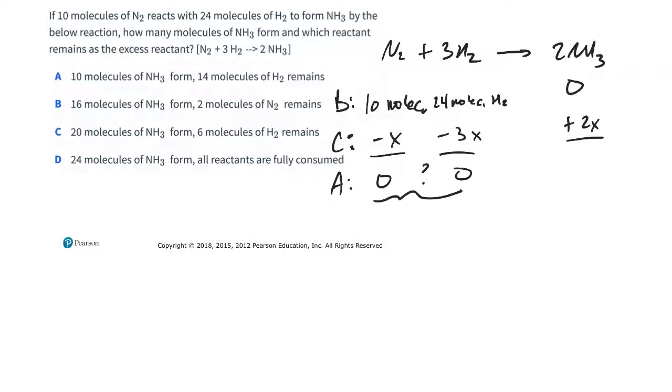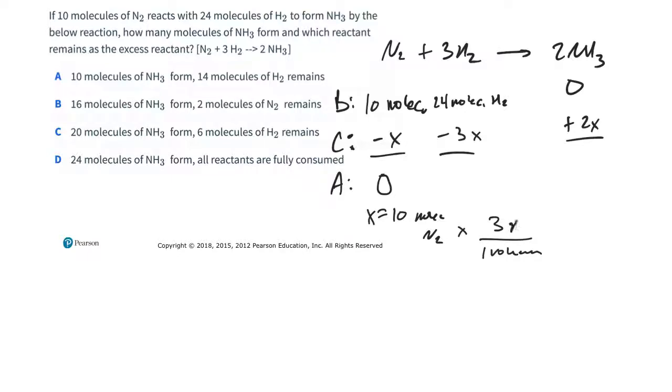What you might do is randomly choose one. We can pretend we didn't do this problem already in the previous slide, and assume N2 goes to 0. If N2 goes to 0, then x is equal to 10 molecules of N2, and for every 1 molecule of N2 that reacts, we have to react with it 3 molecules of H2, so we have to have 30.